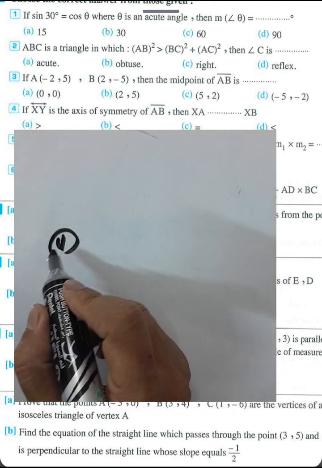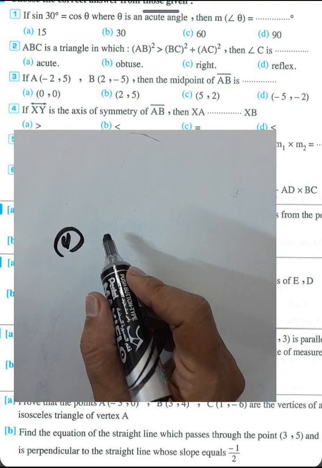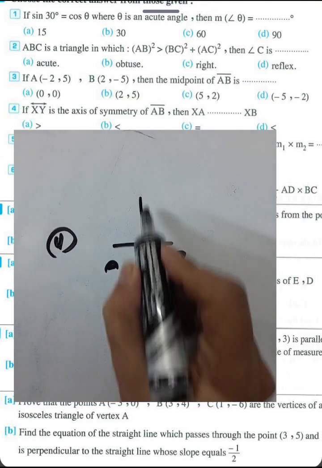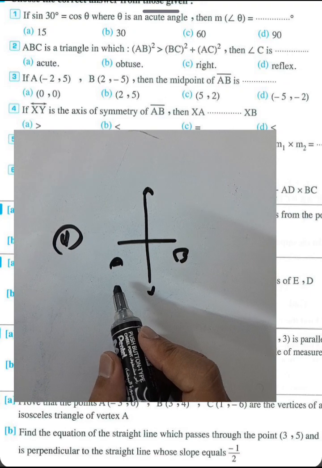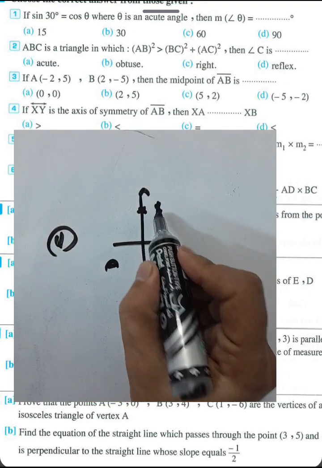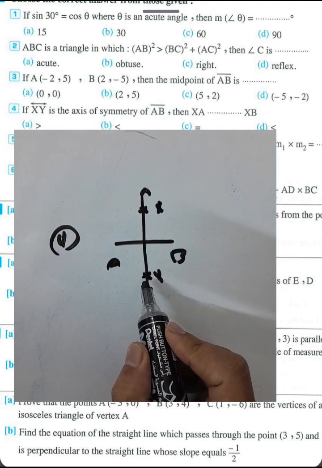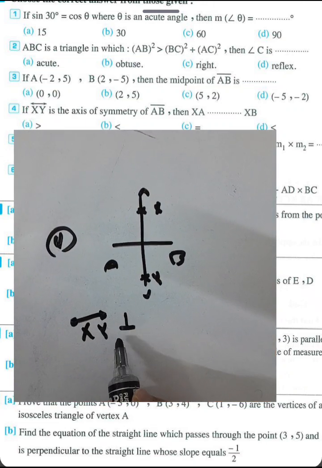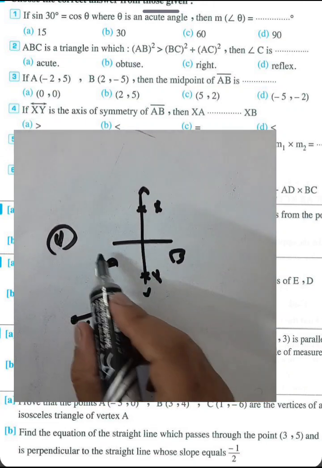Question number 4. If XY is a straight line, the line of symmetry of AB, we have the line of symmetry of X and Y, then the straight line XY will be perpendicular to AB.